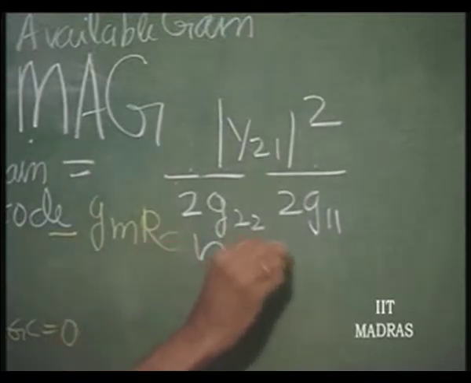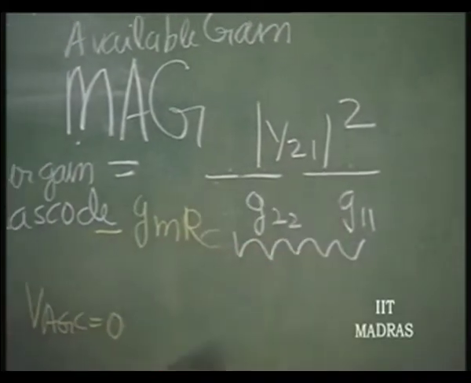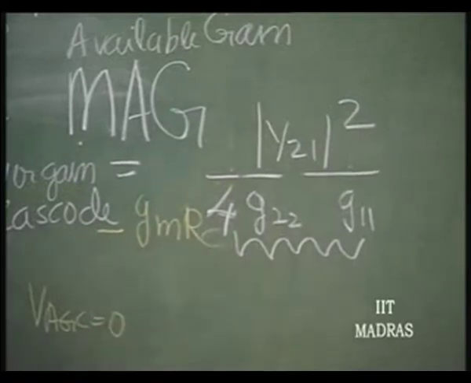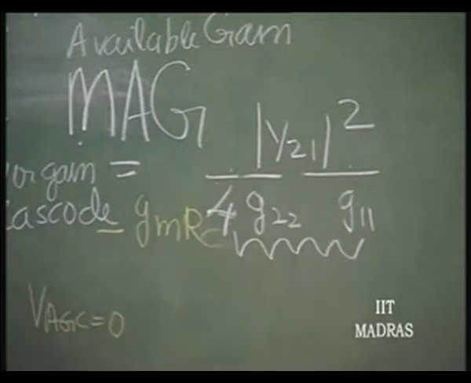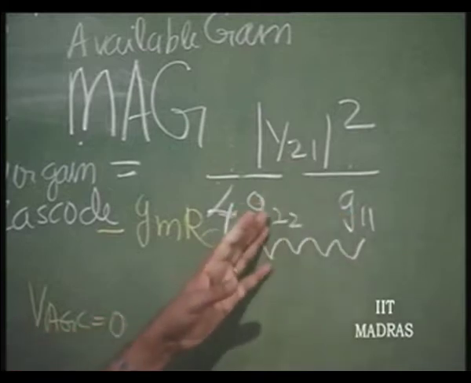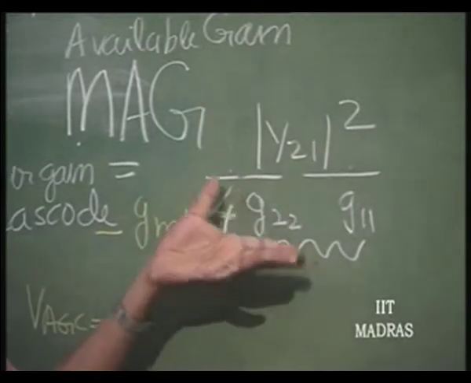This is what is called as MAG. It is nothing but y21 magnitude squared divided by 4 G22 G11, which is what is defined as MAG. This is normally given by the manufacturer. If y21 is known, G11 is known, G22 is known, you can compute this, and that is the maximum available gain.